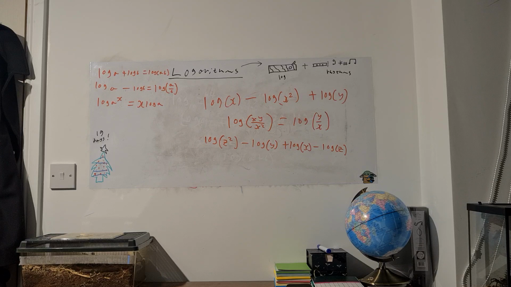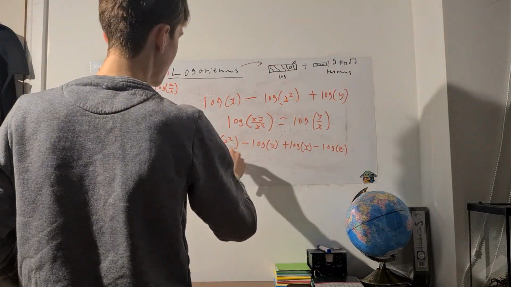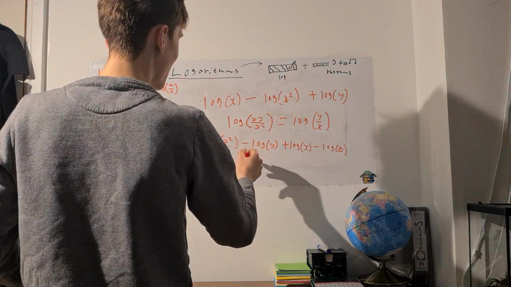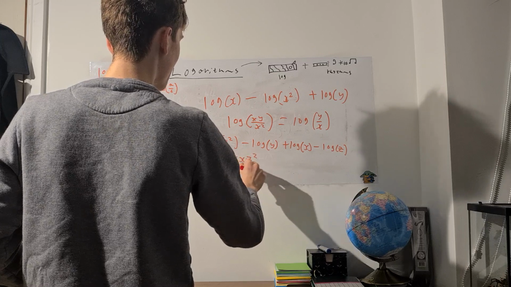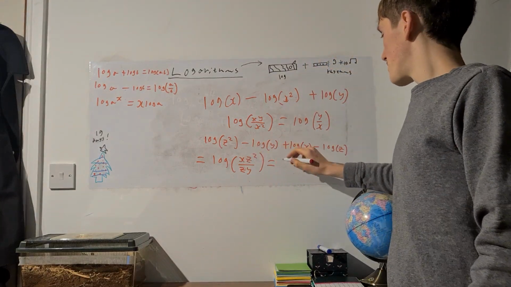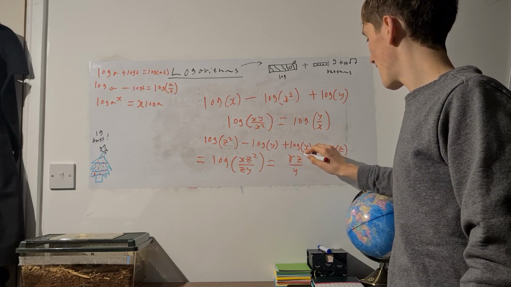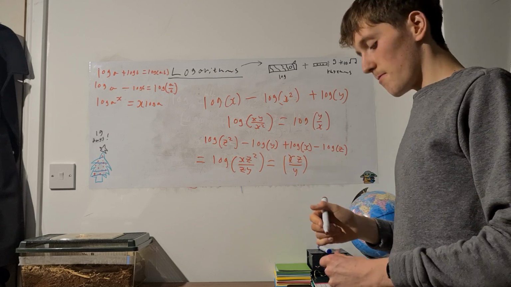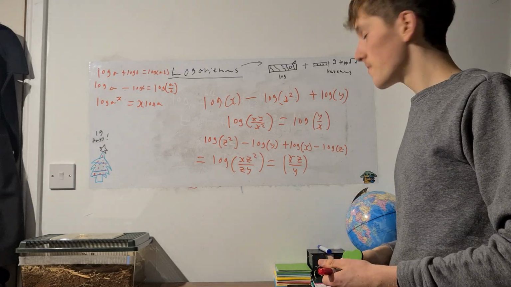Well, you put the negatives on the denominator and the positives on the numerator, so this would simply simplify to log x z squared over z y, which simplifies to just xz over y. Log, there's a log there. But yeah, it's quite simple, I would say.